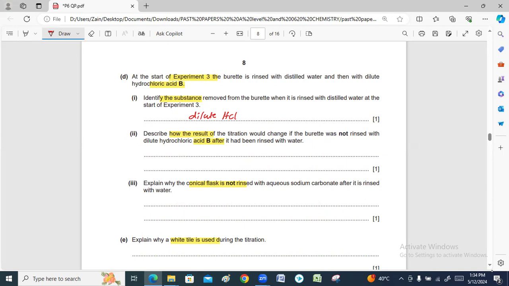More volume of the acid would be added. So more volume of acid would be required or needed to neutralize.